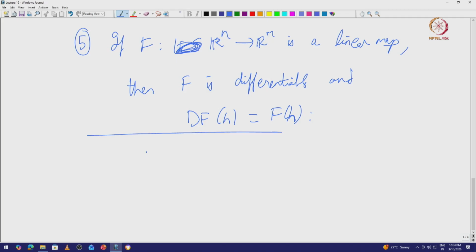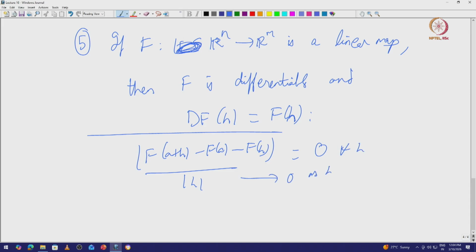It's very easy. f of (a plus h) minus f of a minus f of h is basically 0 for all h, and therefore goes to 0 as h goes to 0, which means this is the derivative by definition.